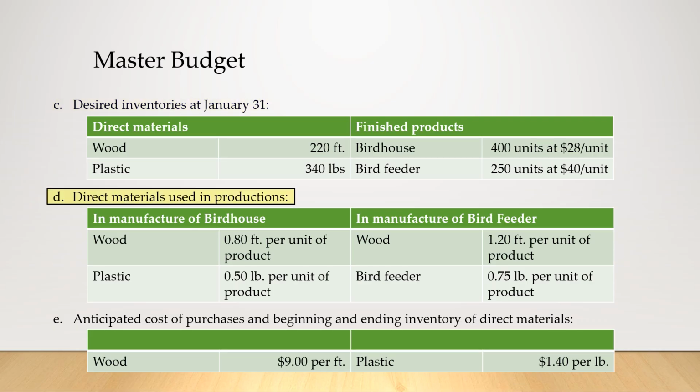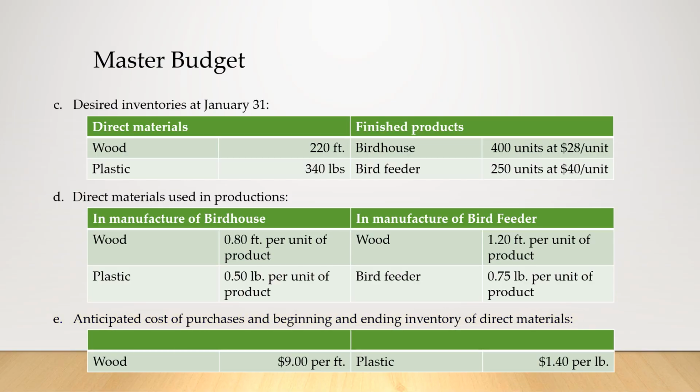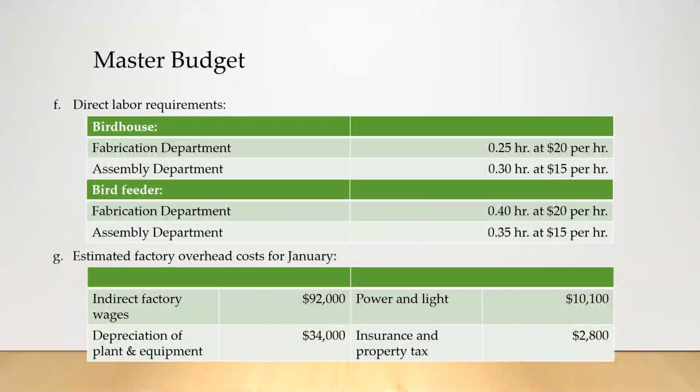Letter D gives us direct materials used in production. Letter E provides anticipated cost of purchases and beginning and ending inventory of direct materials. Letter F has direct labor requirements.